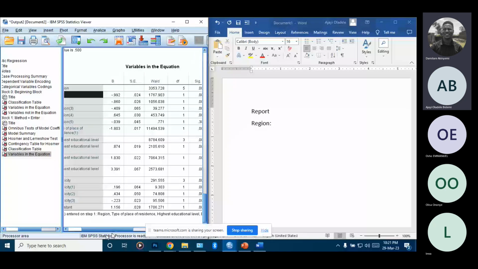I said I have a question. Okay, go ahead with your question, sir. My question is how do we interpret odd ratio from the binary logistic output? That's what we want to do now. That's why I opened my Word so I can type and you can see. Are we good? Yes, we are good.